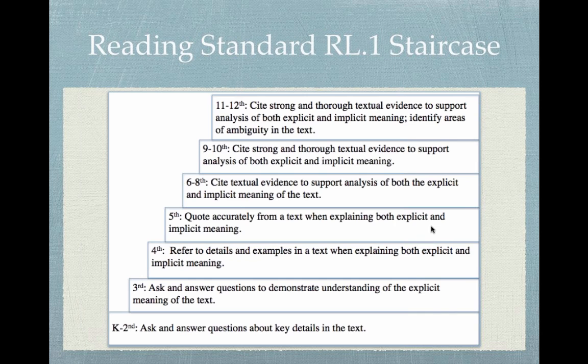But if you look at the Common Core, by 9th and 10th grade, they really should be citing strong evidence, really relevant evidence, and supporting that with more developed analysis. And then by 11th and 12th grade, they're really just honing those skills. So you see this really gradual development of reading skills, yet you have some skills happening much sooner than maybe we were used to in the past.